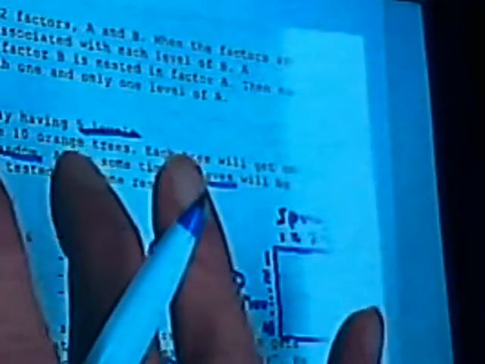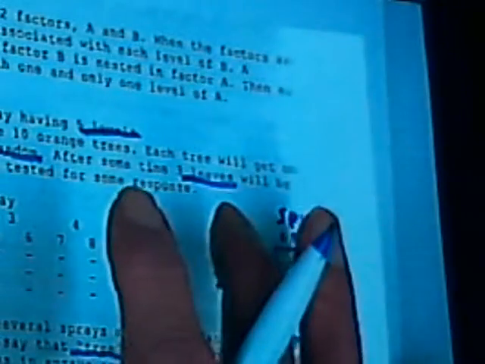But the two factors are not crossed, they're nested. What does nested mean? Well, look at the example and it sort of pops right out to your eye. What does it mean to say that tree is nested in spray? Each tree gets one and only one spray.